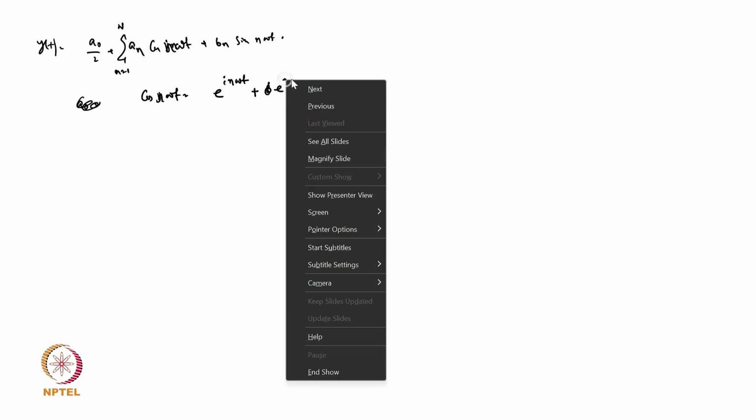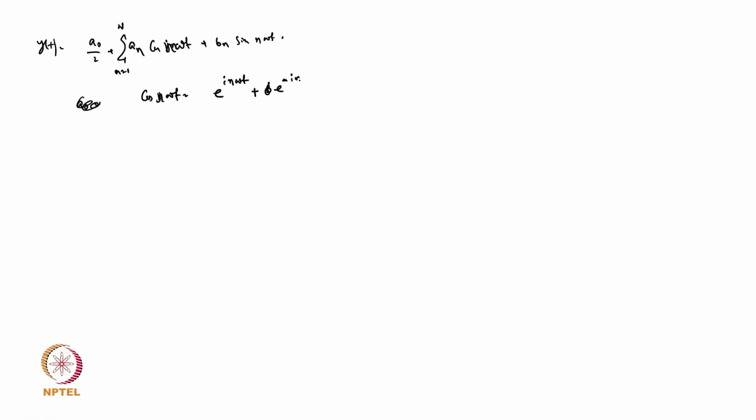So if I put it this way, cos of n omega t will be equal to e to the power of i n omega t plus e to the power of minus i n omega t, divided by 2, and sine of n omega t will be equal to e to the power of i n omega t minus e to the power of minus i n omega t, divided by 2.